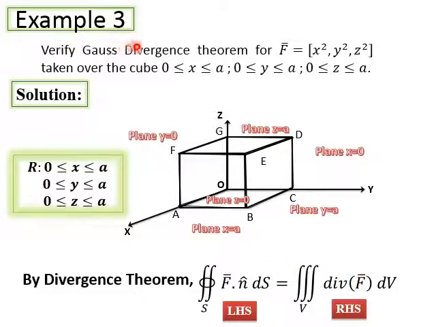For verification of divergence theorem, we have to compute the flux integral, the left hand side, as well as the triple integral, the right hand side, and we have to establish that the left hand side integral value is equal to the right hand side integral value.